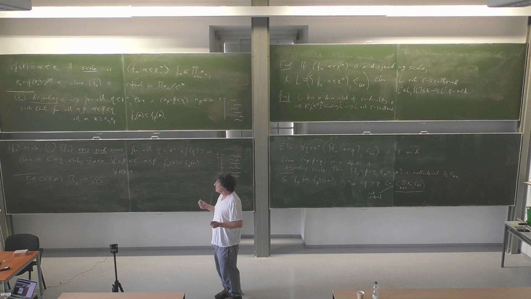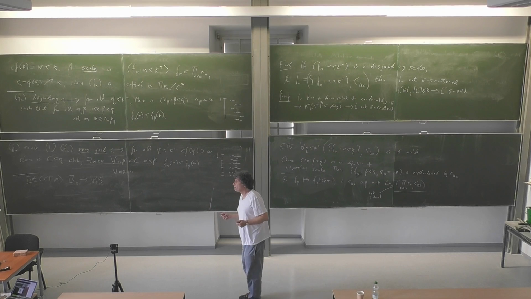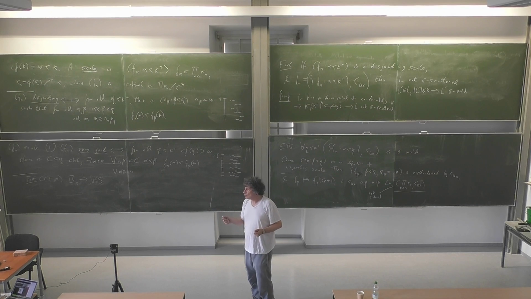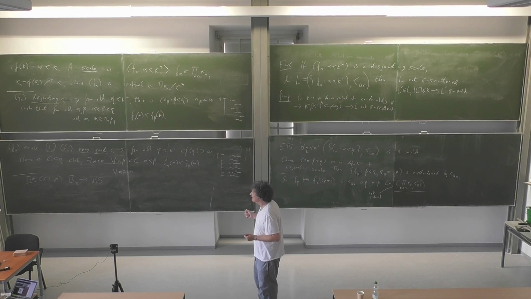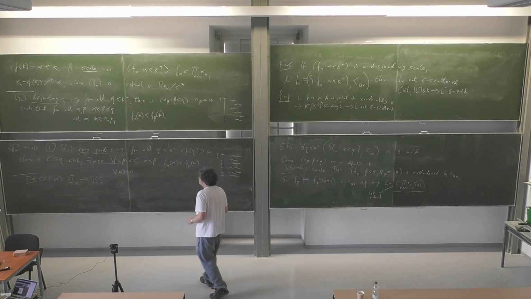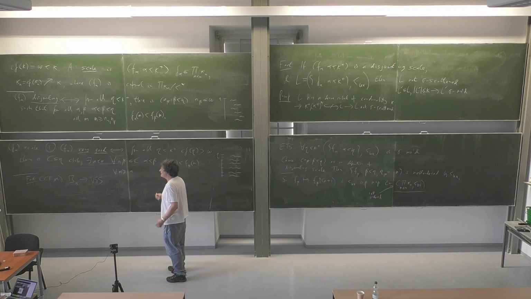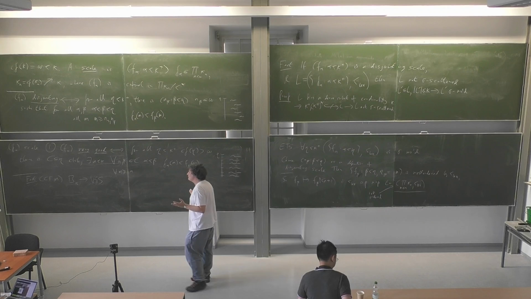Shelah tells you that there is a scale, and now what you're going to do is use that scale as a template to build a very good scale. And the coherence properties of the square that you started with are going to end up with this. So I don't want to say too much about this. Let me just say the following.